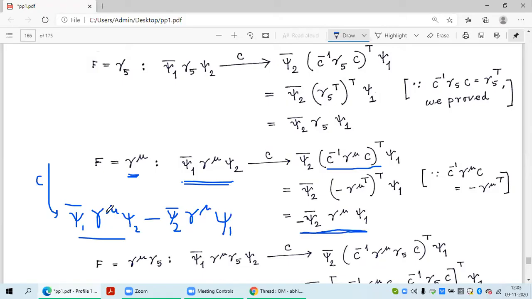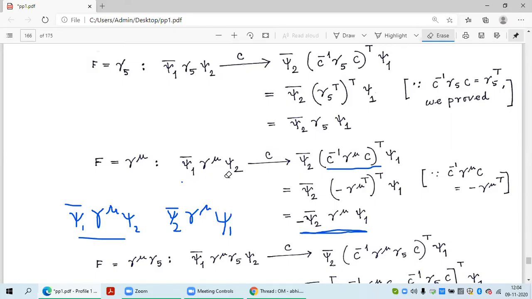Then this becomes invariant under charge conjugation. If you take the plus sign, then there is a relative minus sign. So you have to be careful while making charge conjugation invariant objects out of this kind of terms.